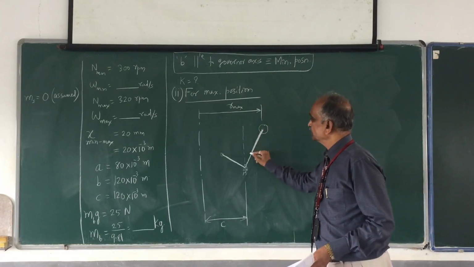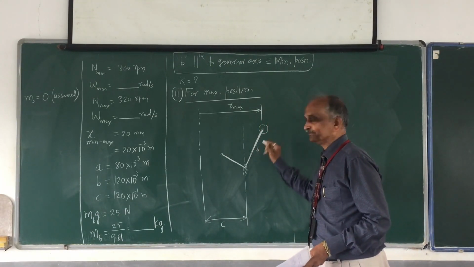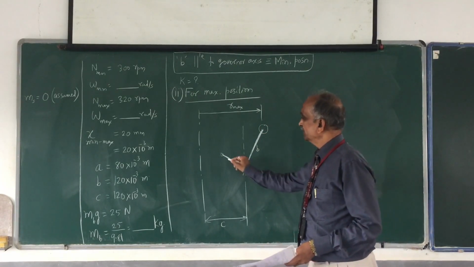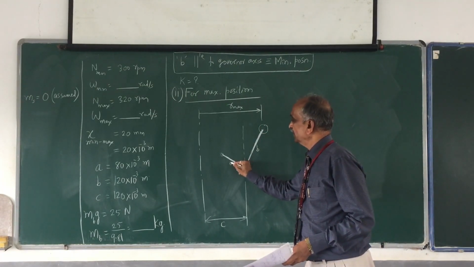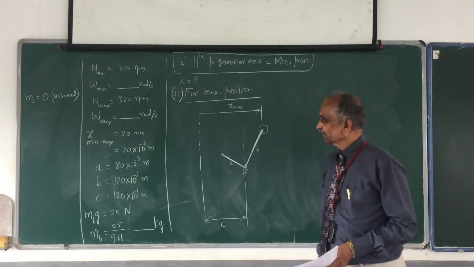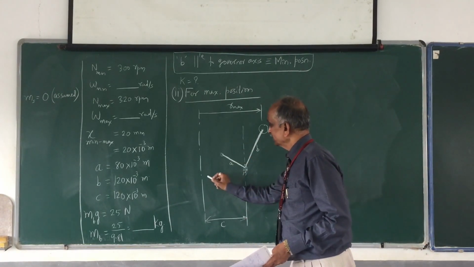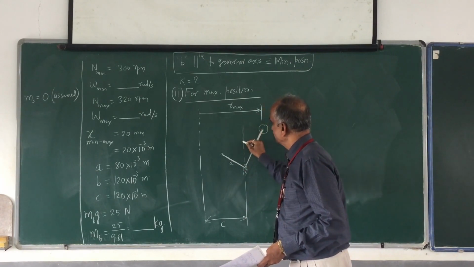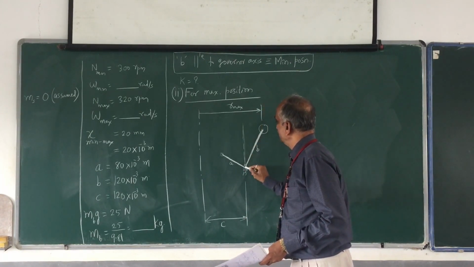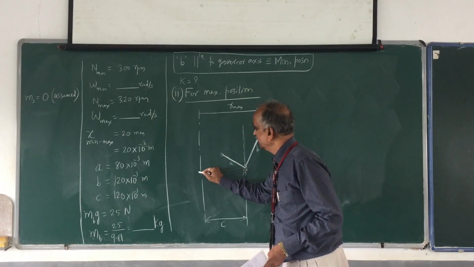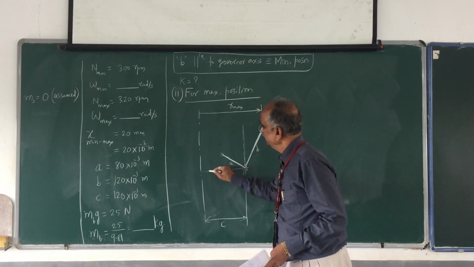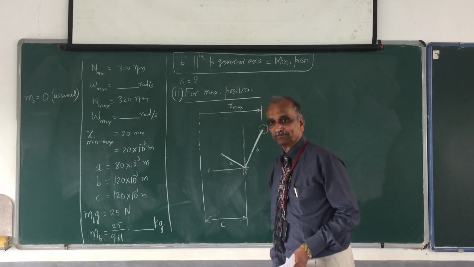And this distance is what is B, and this distance is what is A. Okay, they are known to you now already. And so I just draw a vertical position corresponding to the minimum position and a horizontal line here corresponding to the minimum position.